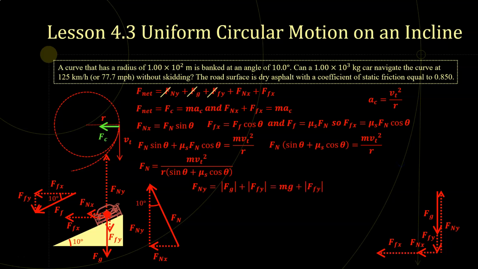So for my next step, I can go ahead and do what I did in the last problem and replace Fg with mg, but I don't have any way of simplifying the force of friction in the y dimension straight out. But I can use that same relationship we used before from the friction force triangle and replace Ffy with the friction force times the sine of theta.